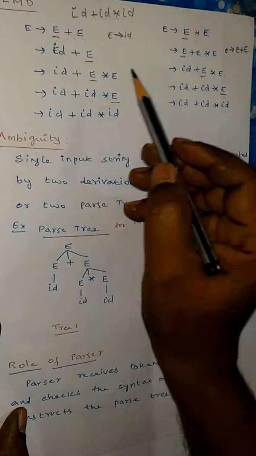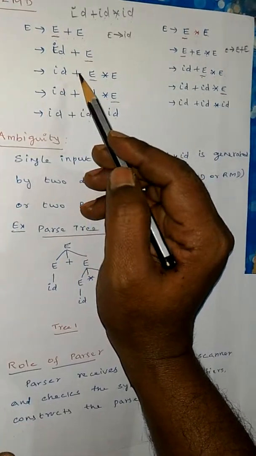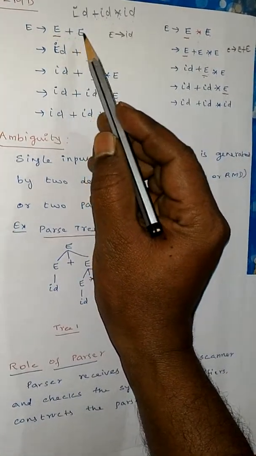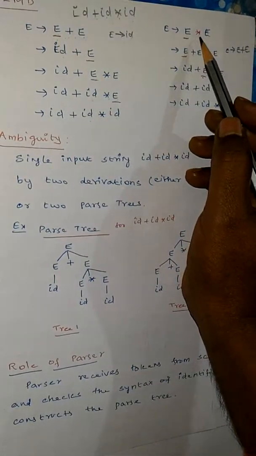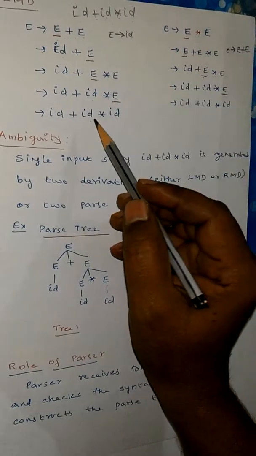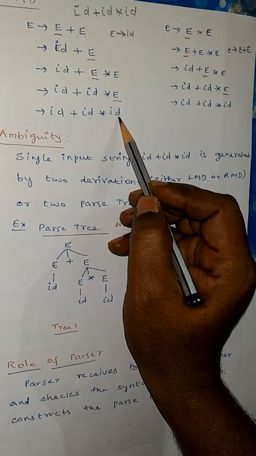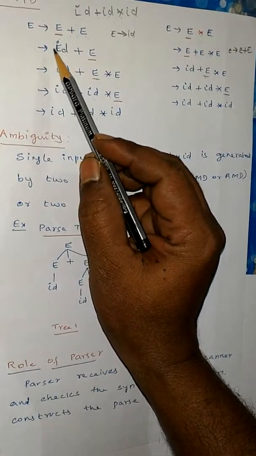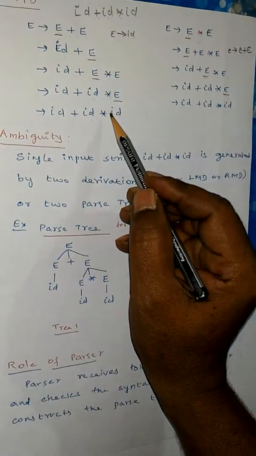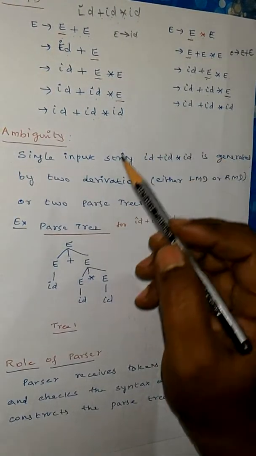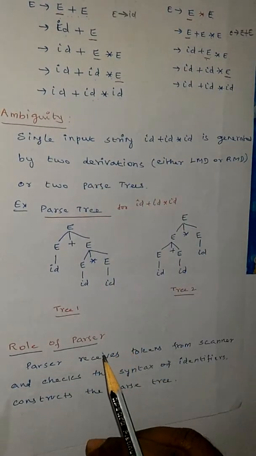So now in the leftmost derivation, we took two different productions, but we form the same string. If we have two different leftmost derivations for the same string, then that grammar is called ambiguous grammar.